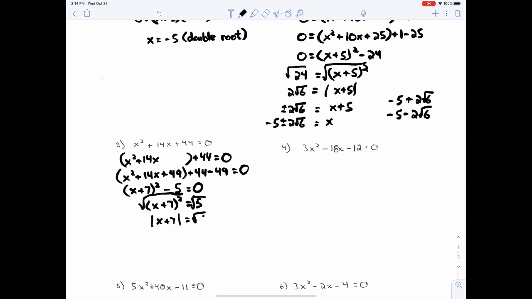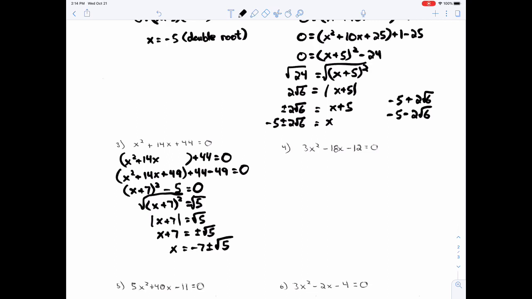Equals square root of 5, and therefore x plus 7 equals plus and minus square root of 5, and then I subtract the 7. And again, remember this is two numbers, negative 7 plus square root of 5 and negative 7 minus square root of 5.